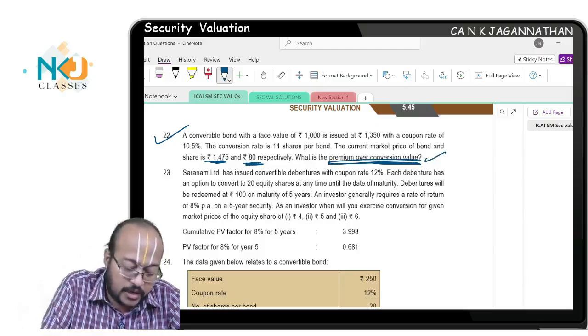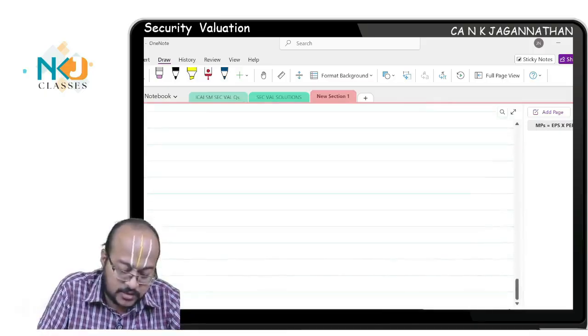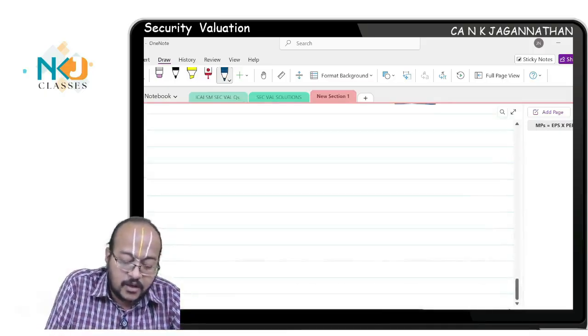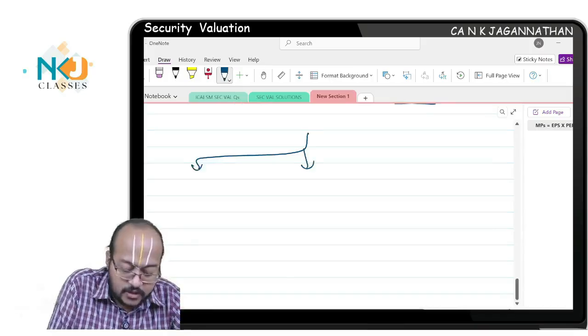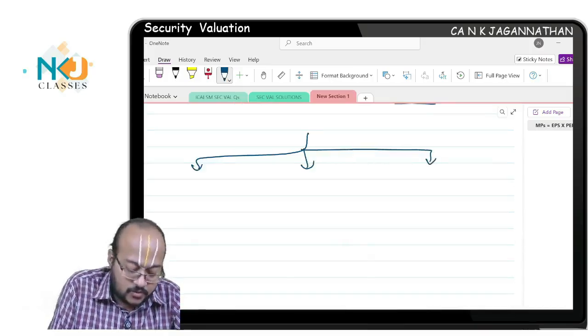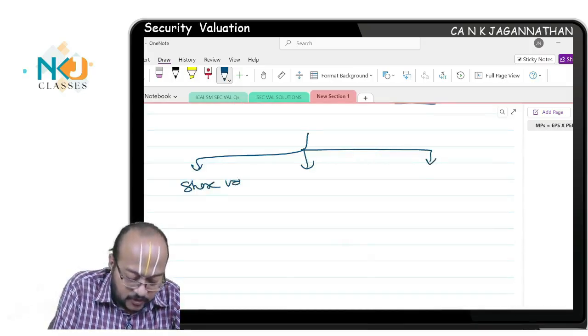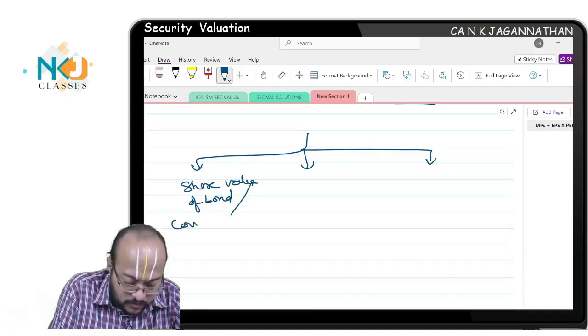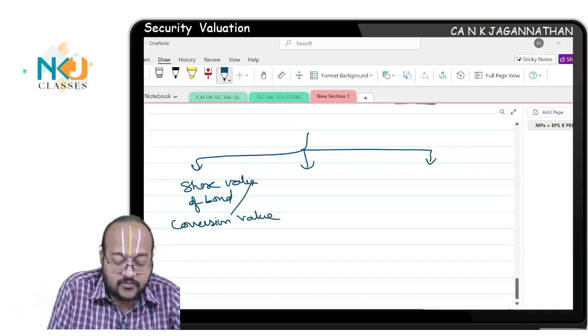There are three values. I'll just tell you. One is the share value of the bond, or conversion value. This I call conversion value.